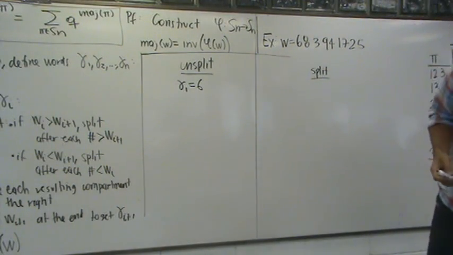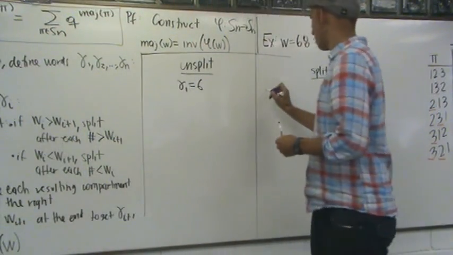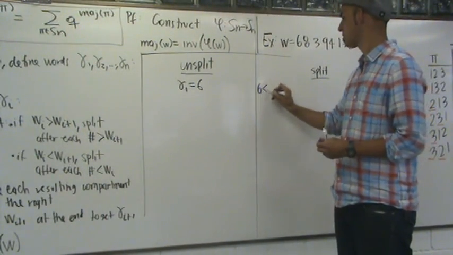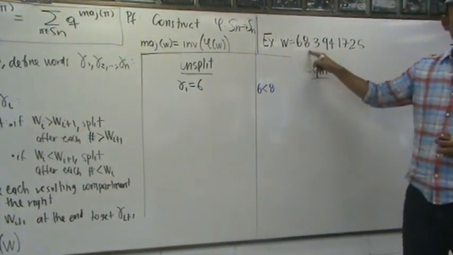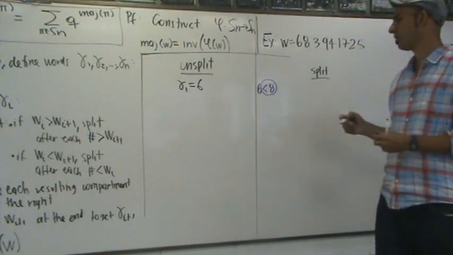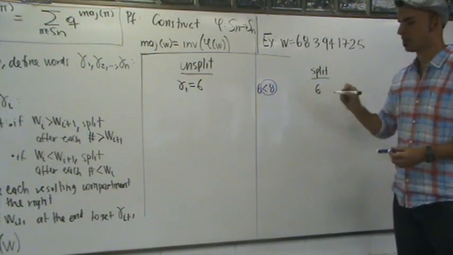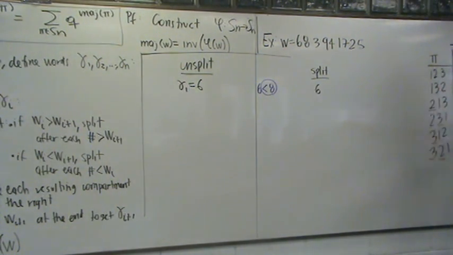So in this case, I need to compare 6 and 8, and I find that 6 is less than 8. But anyway, this is a boring case, and there's nothing to split yet. So we'll see what splitting means in a second.